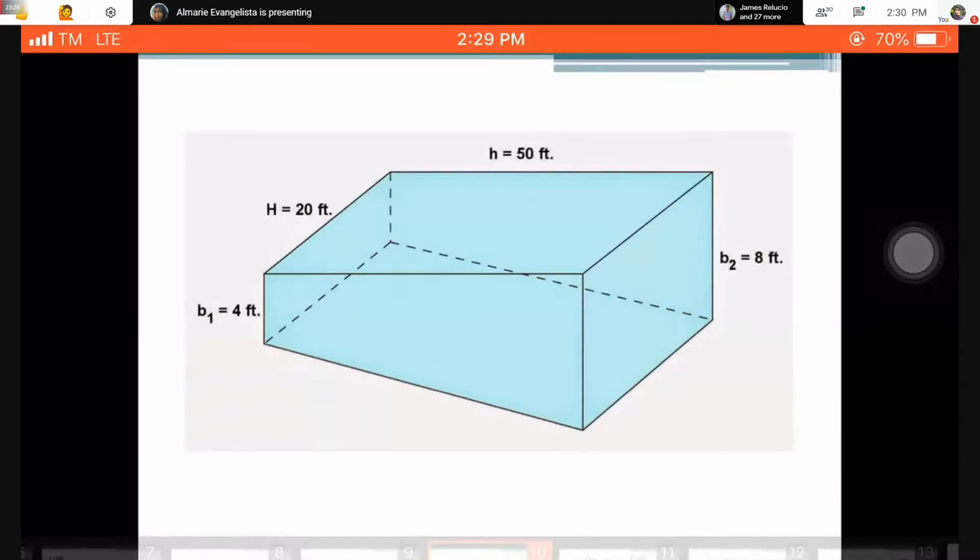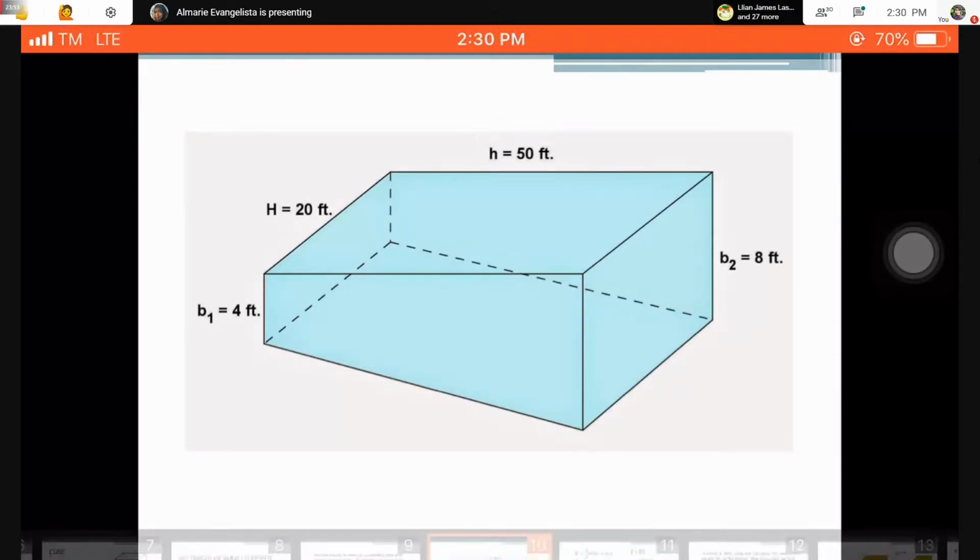So, familiar ba kayo kung ano yung area ng trapezoid? Natatandaan niyo pa ba yung area ng trapezoid? So, ang area ng trapezoid ay 1/2 times height times base 1 plus B2.